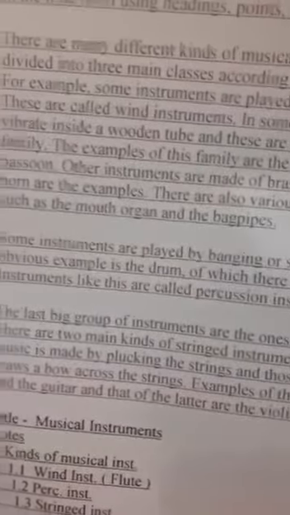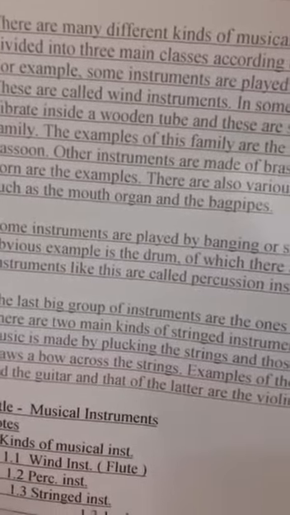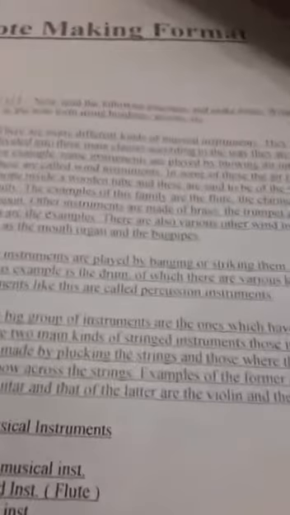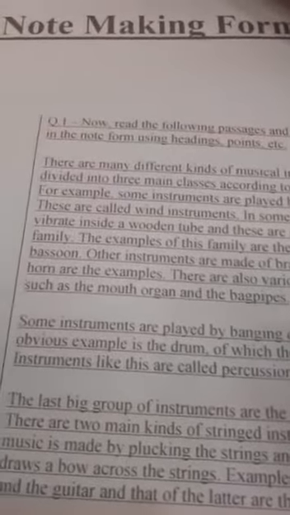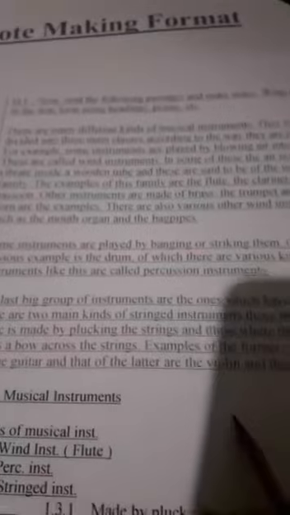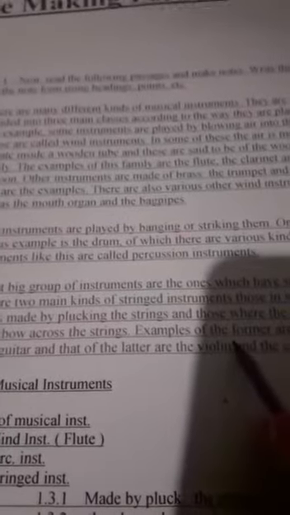They are divided into three main classes according to the way they are played. Means we have got a passage on different kinds of musical instruments, and when we go through this we find everything related to that.